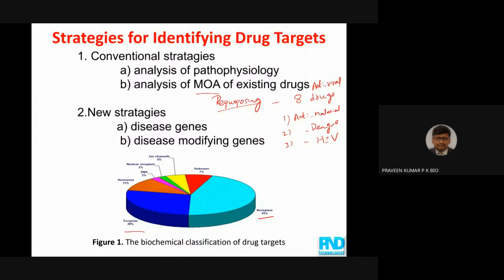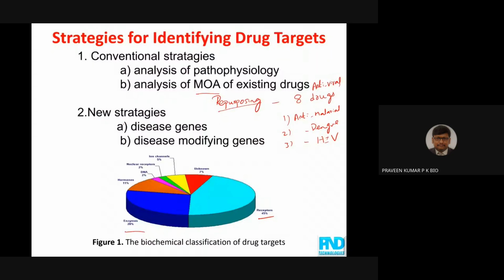Whatever antiviral drugs are available for treatment of various viruses, they give those for any upcoming viruses, even the situation with SARS-CoV-2. So we biotechnologists have to think and come up with proper drug discovery.